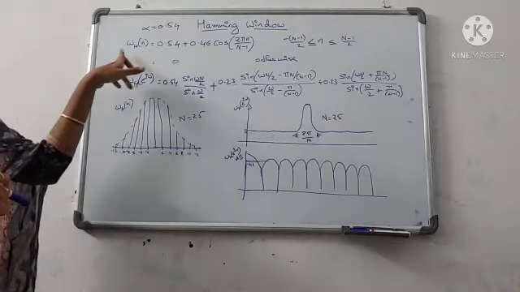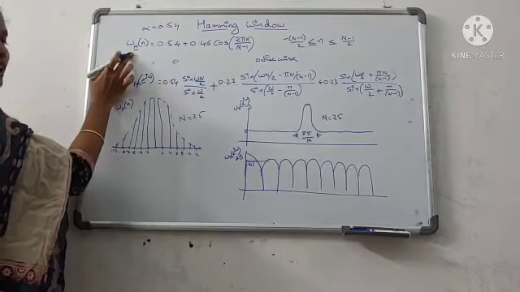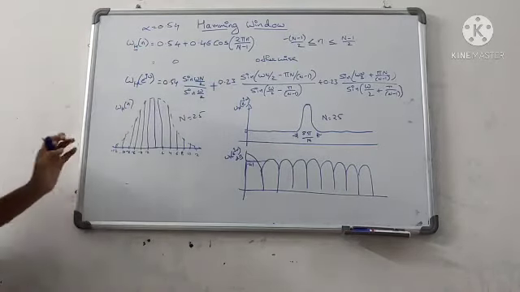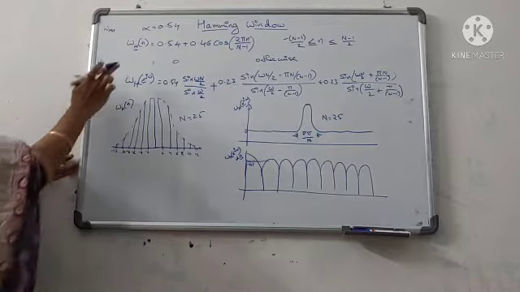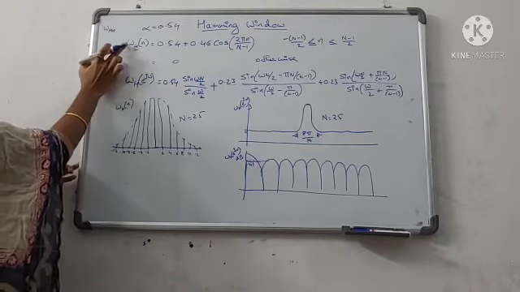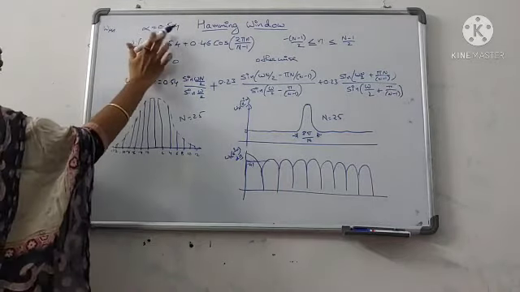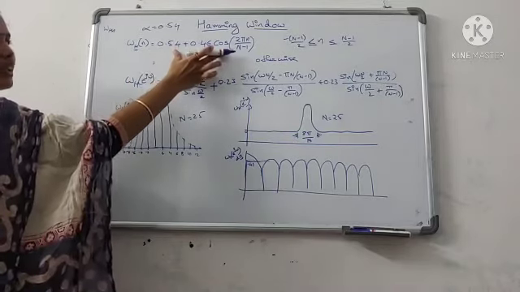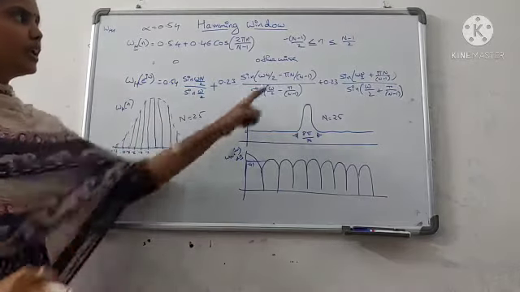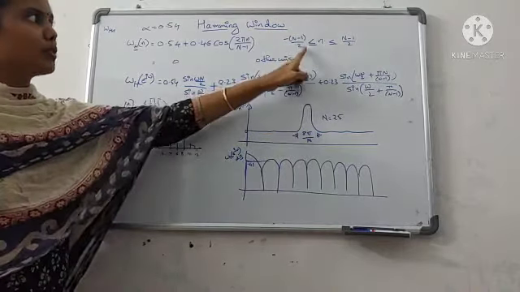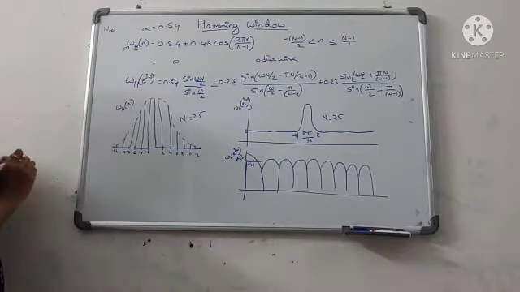For this you get W_H of n, and for the Hamming window you represent it with H. After substitution you get the equation 0.54 plus 0.46 cos 2 pi n by N minus 1. Here the n limits are from minus (N minus 1) by 2 to (N minus 1) by 2. This is the Hamming window.